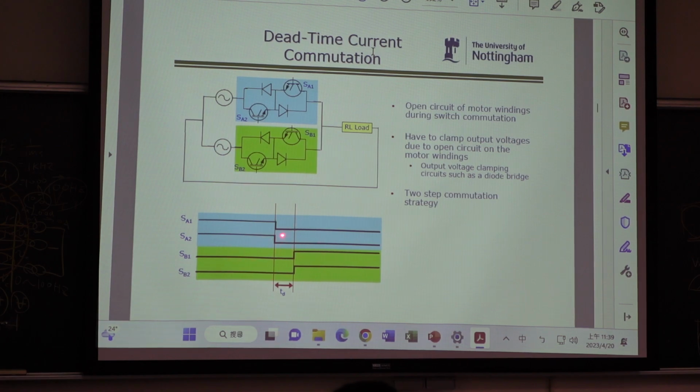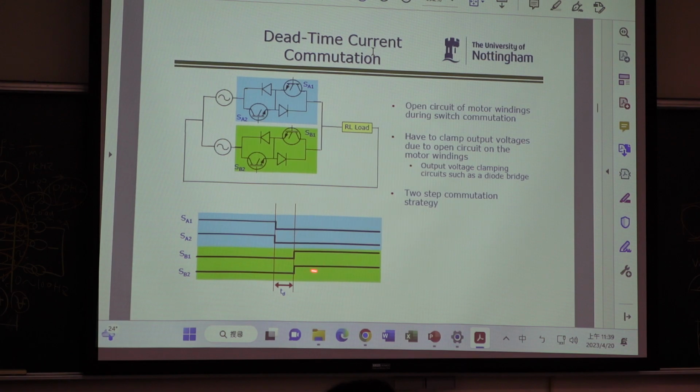If we overlap, then this is not turned off yet, this is already turned on, then what happens? Short circuit. So we have to delay, wait 1 microsecond. We make sure this switch is already turned off. And after we wait 1 microsecond and turn on this switch, then we will be safe.